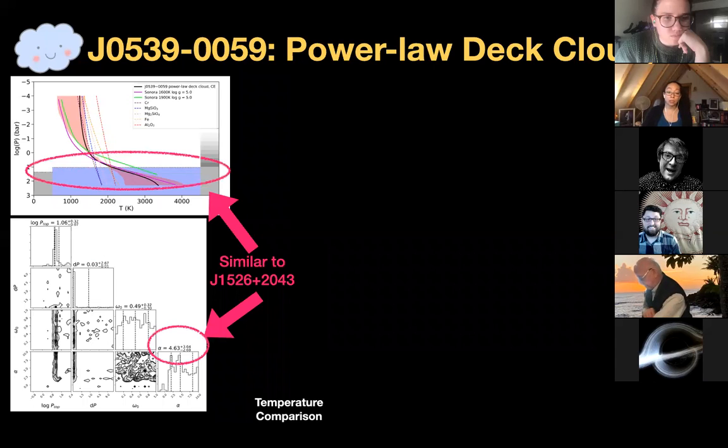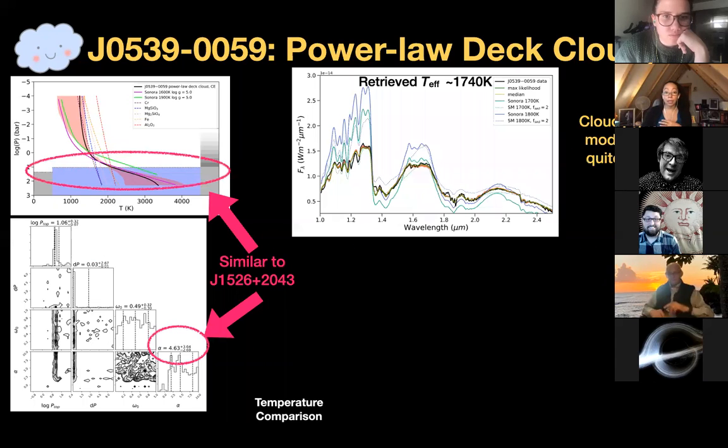When we look at its retrieved spectrum and compare that to the Sonora grid models, here we actually have the cloud-free in solid lines, and we have the Sonora and Marley cloudy models as dotted lines. We see that the grid models for cloudy are doing quite a good job. Again, our retrieval is fitting a bit better.